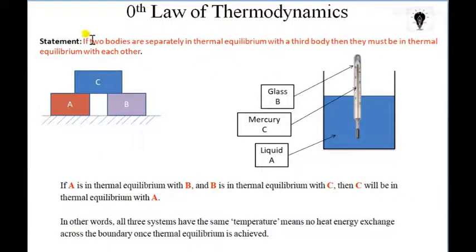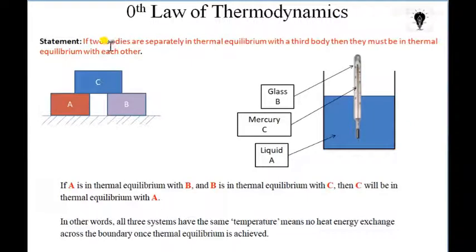This is the statement of the zeroth law of thermodynamics. If two bodies are separately in thermal equilibrium with a third body, then they must be in thermal equilibrium with each other.